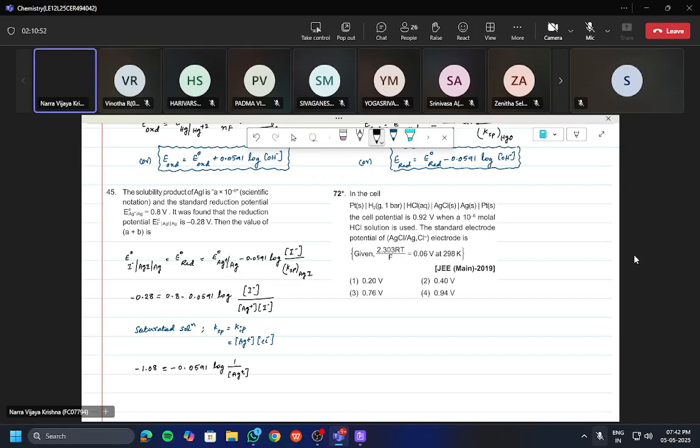Can I write this as 0.591 two times? Or if I write 0.591, can I write this as 0.591 into 0.1 times, and I will write it as 2 times. 0.592, 1.18.